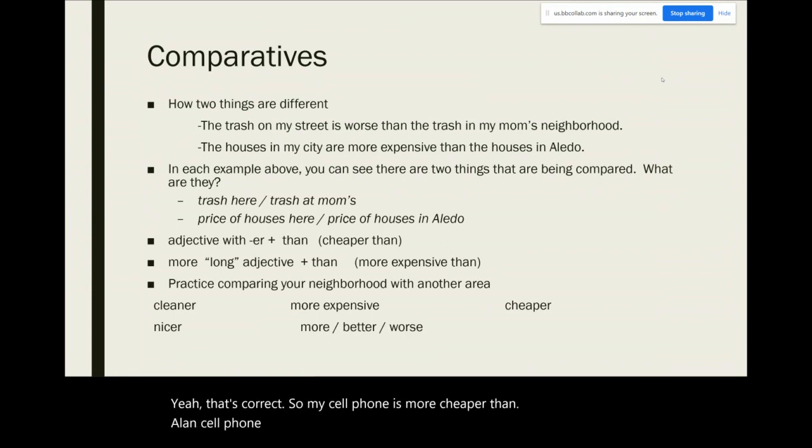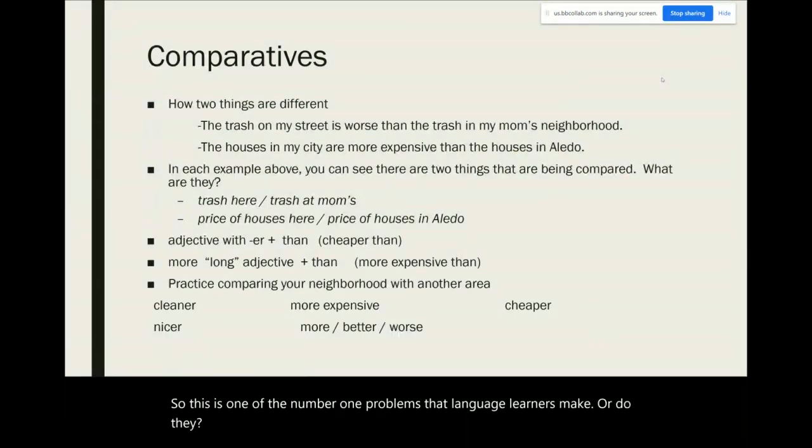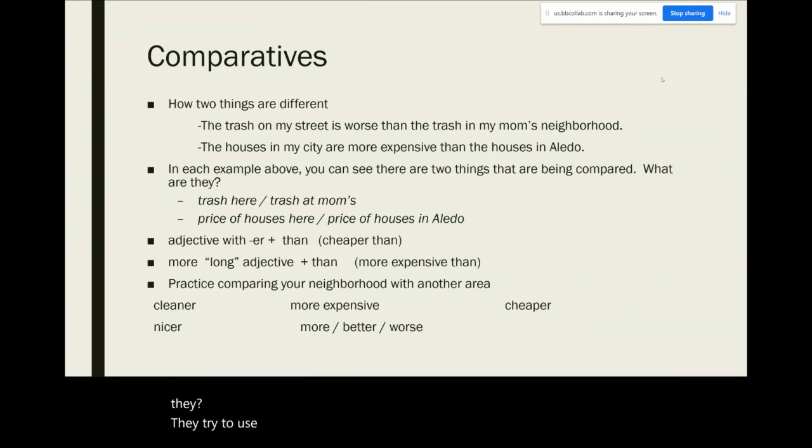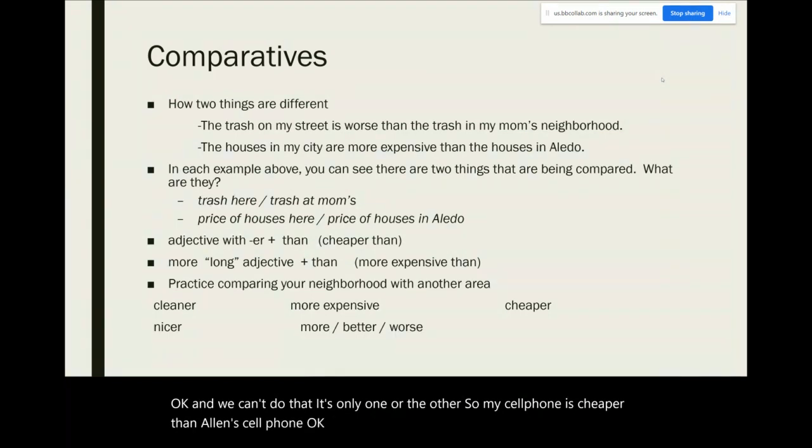No. This is one of the number one problems that language learners make. They try to use more with the ER. And we can't do that. It's only one or the other. So my cell phone is cheaper than Alan's cell phone. There's no more because I have ER.